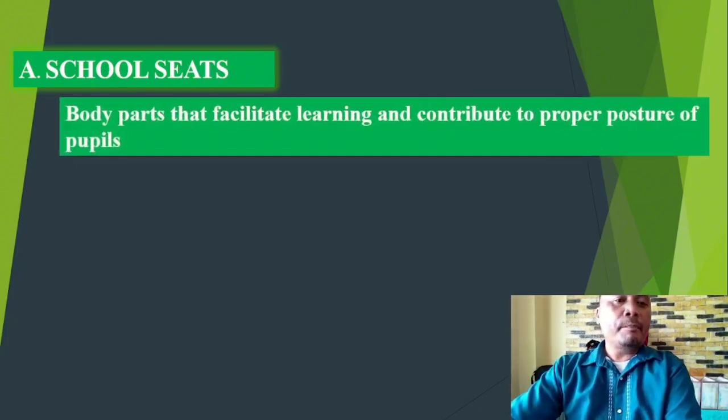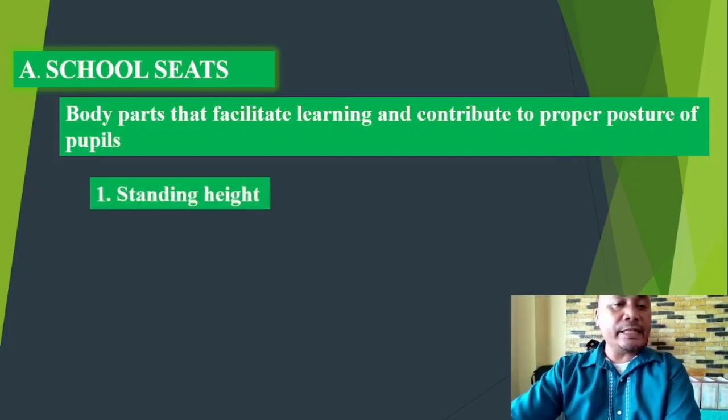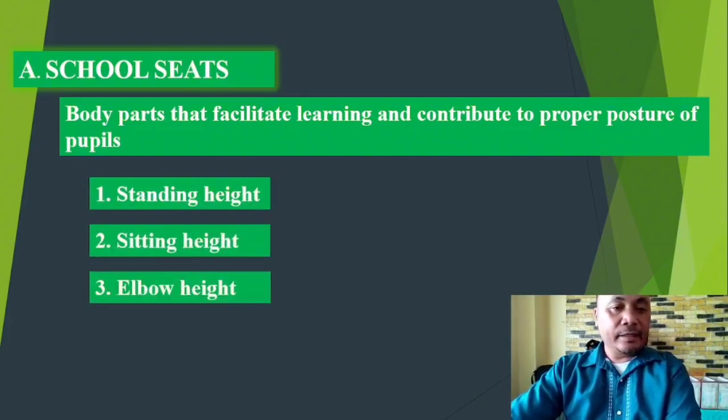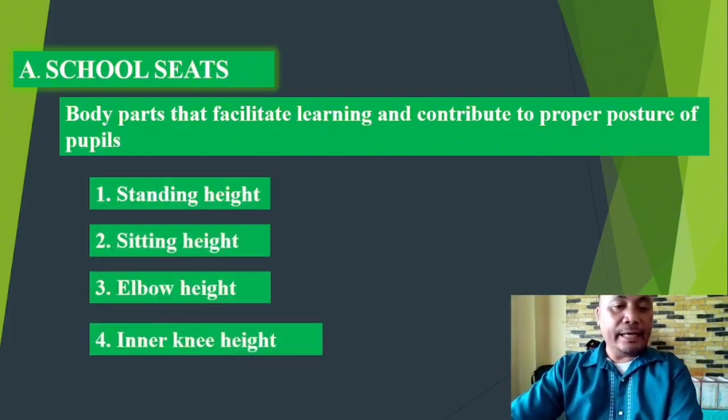The body parts that facilitate learning and contribute to the proper posture of the pupils are the standing height, the sitting height, the elbow height, and the inner knee height.